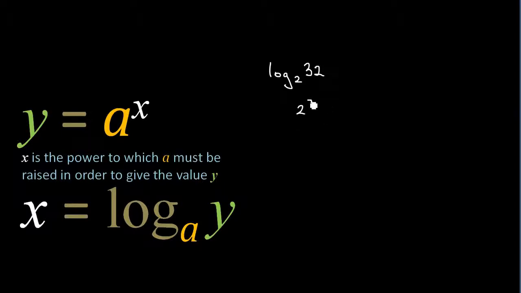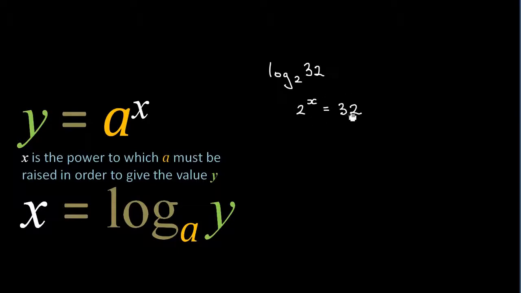And we put x as the index. So that's what we're trying to find. This is what this is asking us for. So it's 2 to the power of what will give us this number, 32. Now that's got rid of this horrible log and simply expressed it in exponential or indicial form.